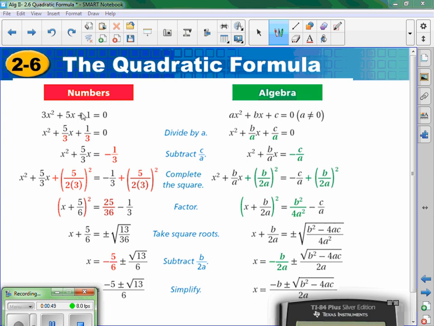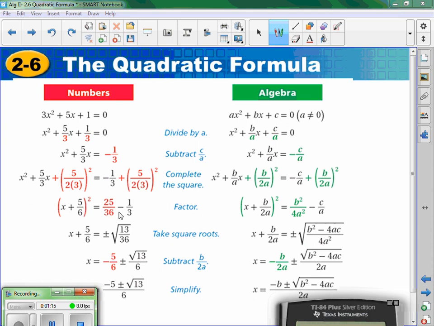If I have numbers, if I wanted to complete the square, what do you do first? Divide by 3. Then I'd move this over to the other side. Take the b, cut it in half, and square it, right? So if I take the b, cut it in half, 5 halves becomes 5/6. Square it, it's 25/36.